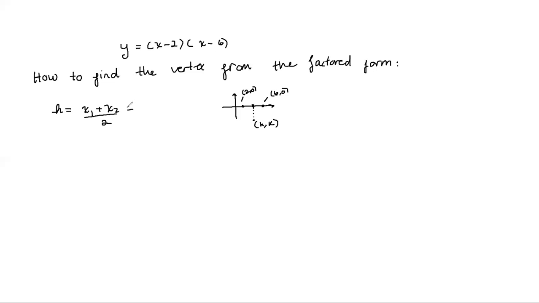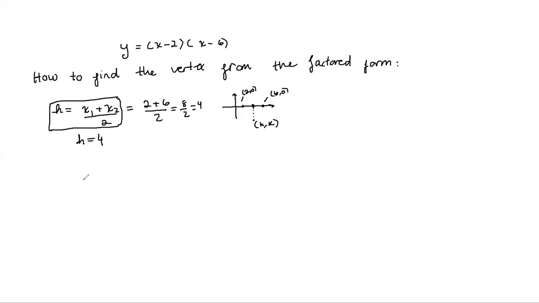So in this case, we have x1 is 2 and x2 is 6, divided by 2. So that's 8 divided by 2, which is simply 4. So h is going to be equal to 4. And we already have a part of the vertex. Very important to understand this idea here.